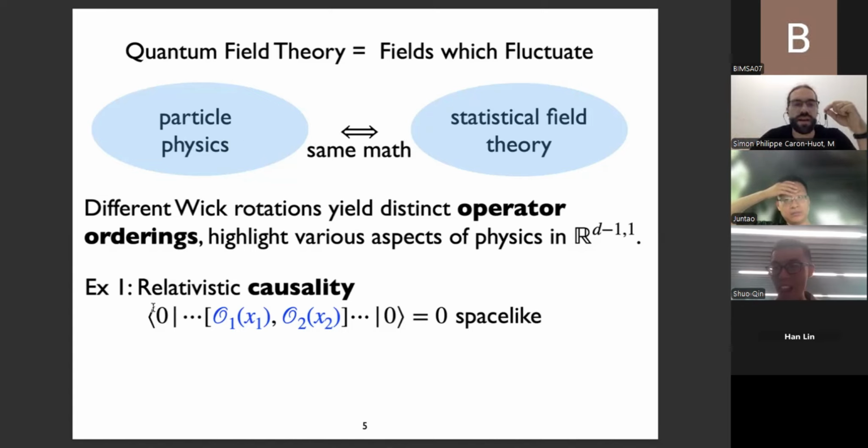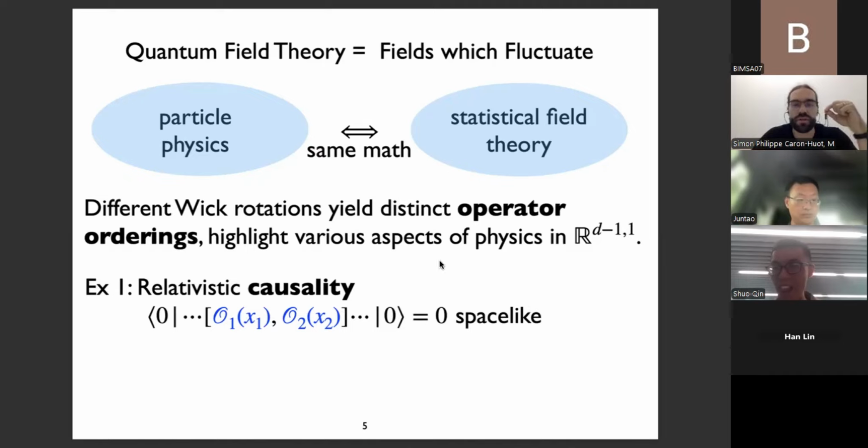The new aspect is that now when you measure fluctuations of fields, the operator ordering matters. Now we don't call them fields anymore, we call them operators. One thing, for example, that you can check is that an important statement about field theory is that you cannot send information faster than light, and that means that the fields that are space-like separated commute. That's an important property that only makes sense when you have a time direction.